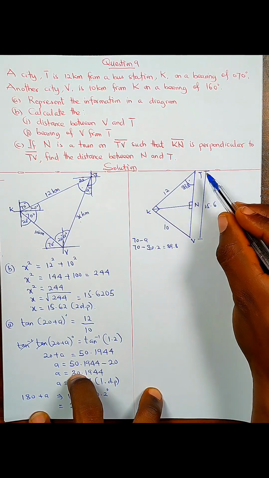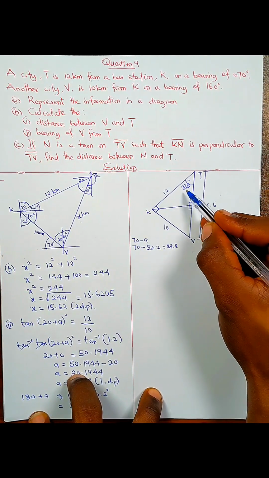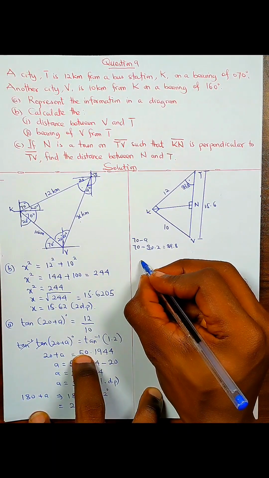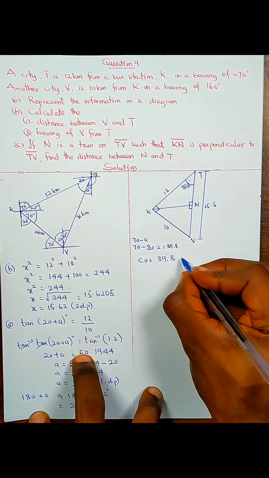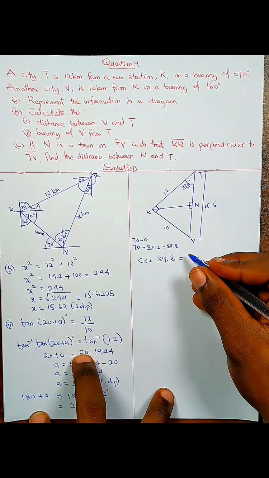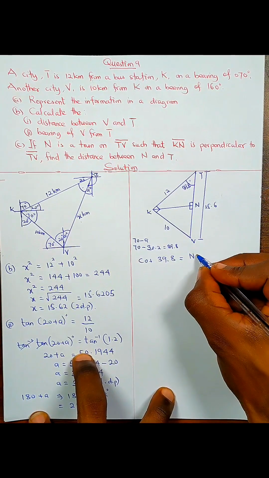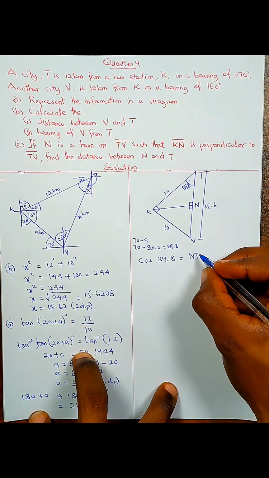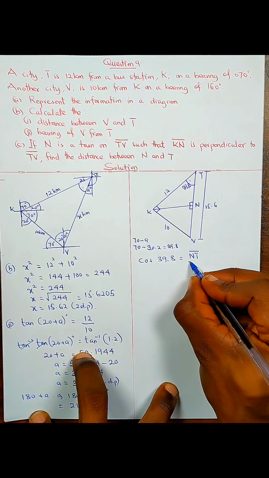KNT is a right angle triangle. So if we need to find NT and we know this angle, we can see that cos 39.8, cos is adjacent over hypotenuse. So adjacent is what? NT length, okay, over hypotenuse.